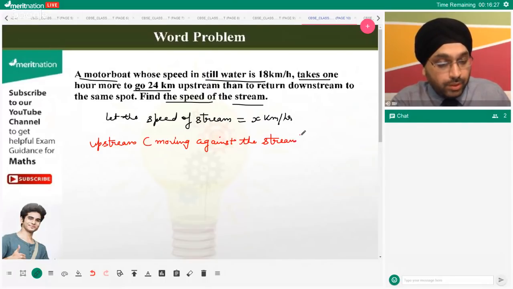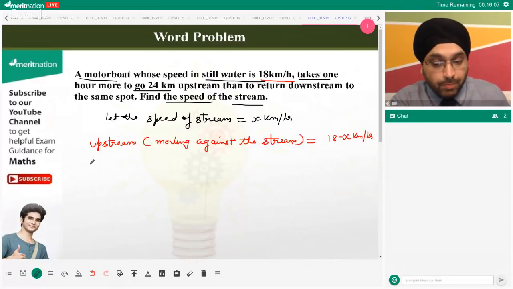So the speed of the boat in still water is 18 kilometer per hour. Now, when we are moving against the stream, the speed of the motorboat will be less. So the speed of the motorboat moving upstream will be 18 minus x kilometer per hour.